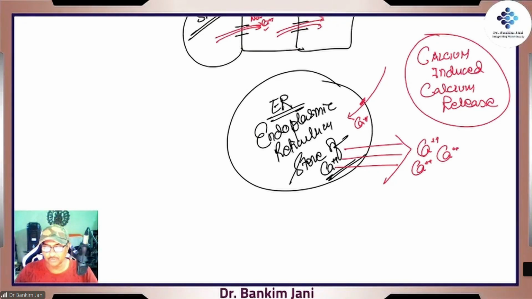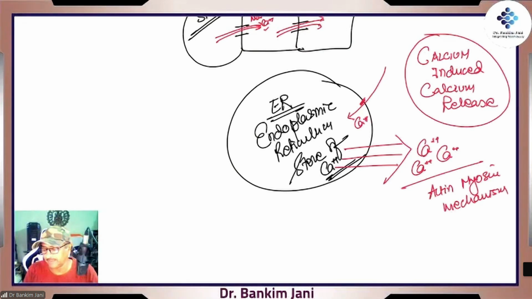So that's how the contraction really starts. Any query till this point? Where does that large amount of calcium go? This large amount of calcium is utilized for muscle contraction. It is used for the actin myosin mechanism.